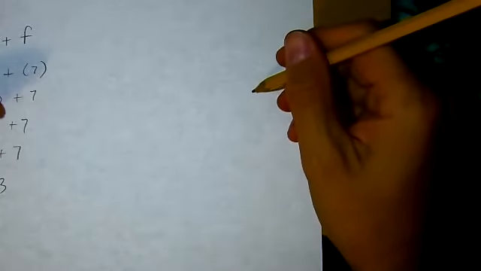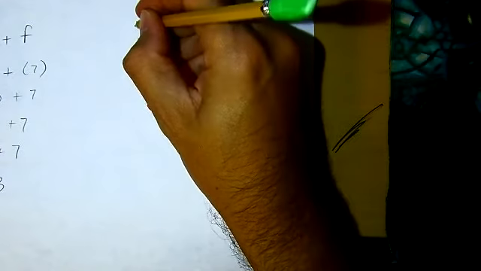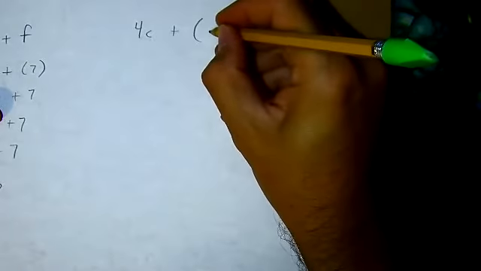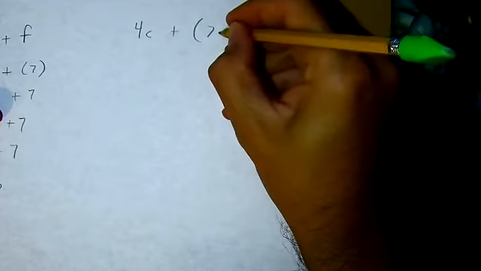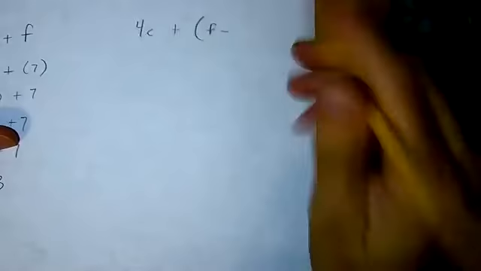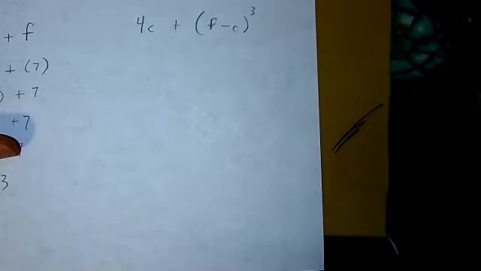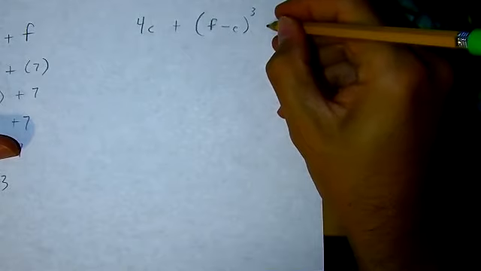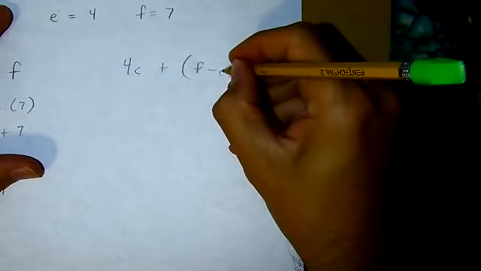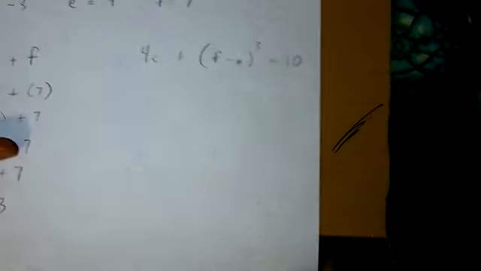You can have multiple things inside the parentheses. So you could have something like that, and that is an E, not a C. Step 1, plug all your numbers in.